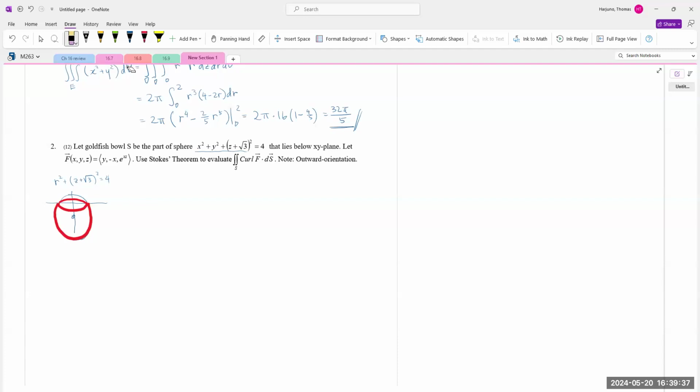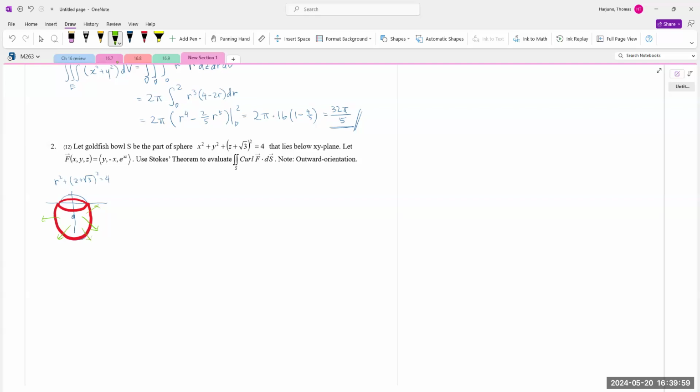With the vector field, use Stokes' theorem to evaluate the double integral over surface S of the curl of vector field F dot dS, over the oriented surface S, and we will do outward orientation, which means the orientation is going outward like that.